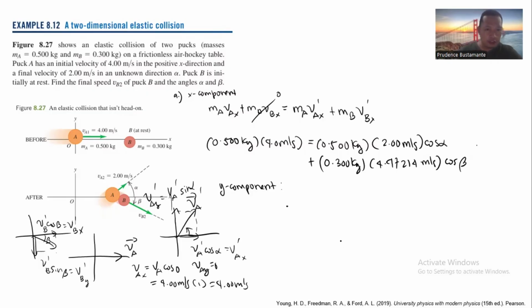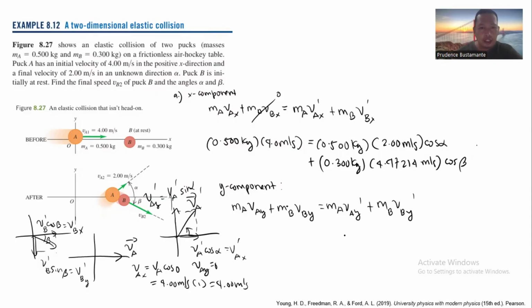Okay, for the y component, we have MA VAY plus MB VBY equal to MA VAY prime plus MB VBY prime.